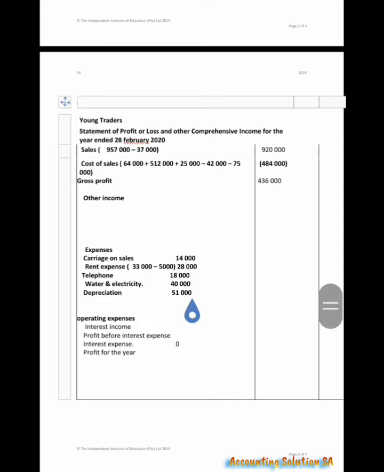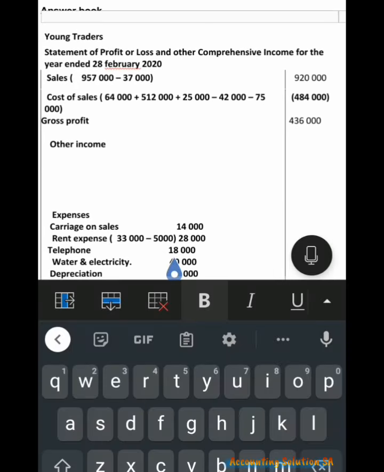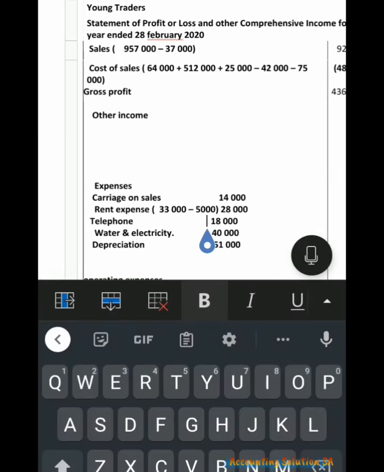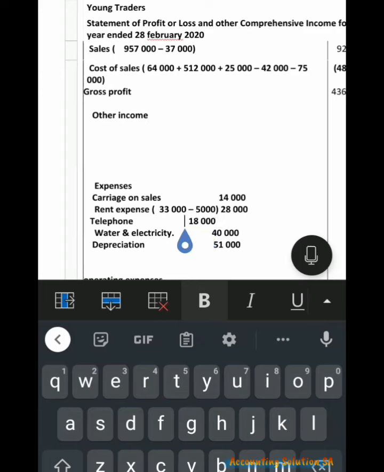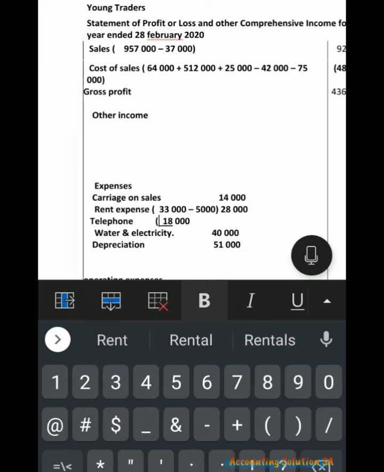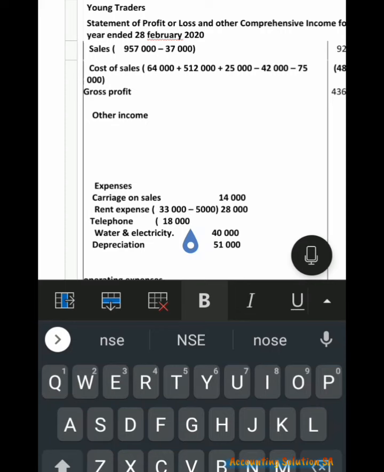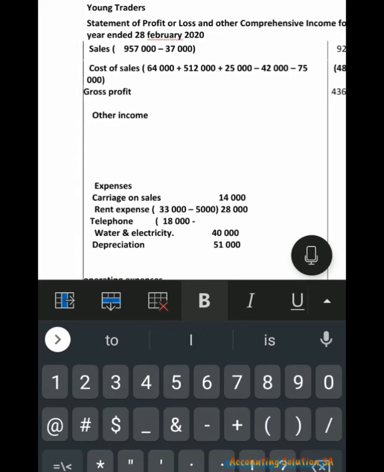Okay, let's check the telephone amount. We have 18,000. We have to deduct the amount of 3,000, then we are left with 15,000.